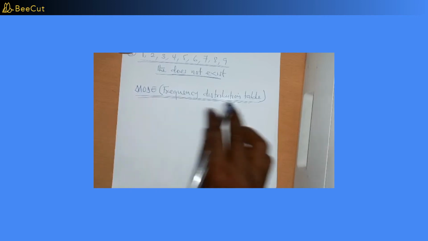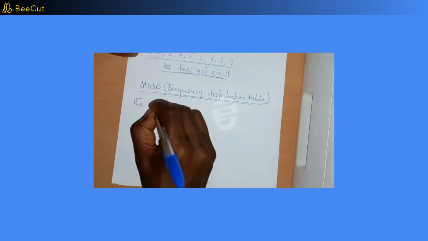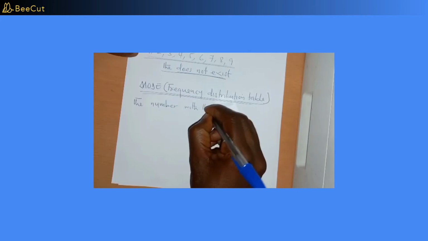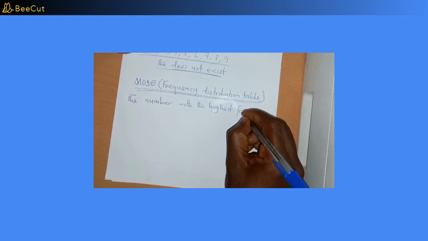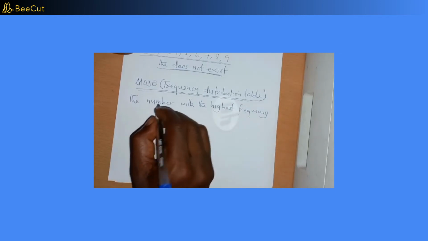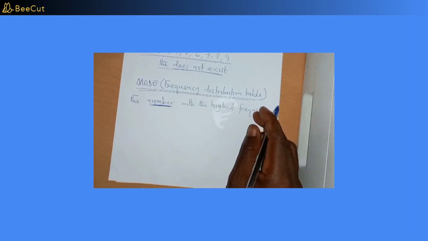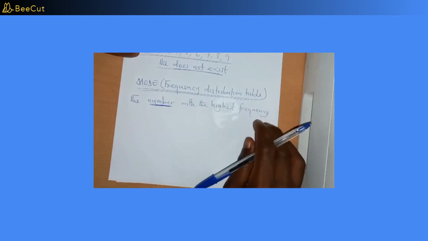With this one, we are going to talk about the number with the highest frequency. The mode is the number, not the frequency. But the frequency gives you the clue as to which of the numbers is the mode. So the number with the highest frequency is what we call the mode.